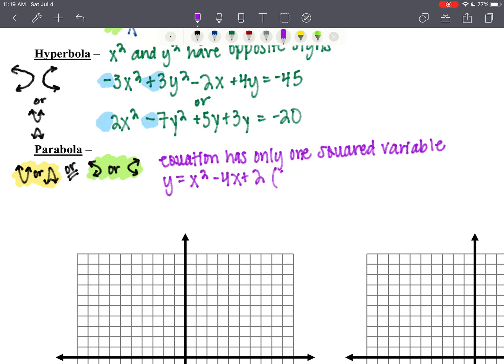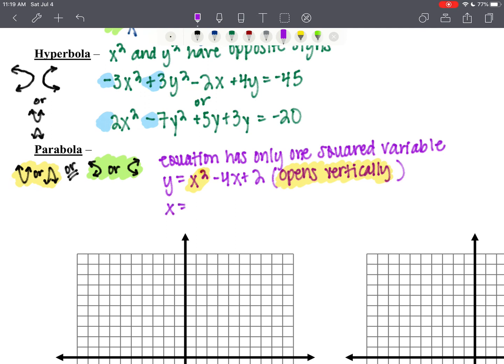This would be an example of a parabola opening vertically, and not only vertically, but it would open up. But the big part here is it opens vertically. Why does it open vertically? That's because your x variable, your input, your horizontal axis, is the variable that is squared.